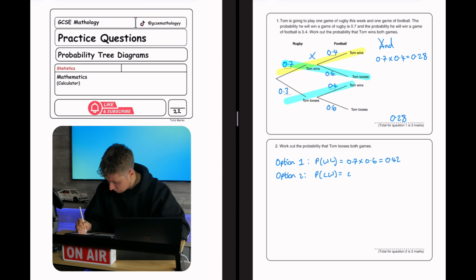So losing is 0.3 multiplied by winning is 0.4, and this is equal to 0.12. Now when we've got multiple options, we then add the probabilities together to get the resultant probability. So we're going to add these two probabilities together. So 2 plus 2 is 4, 4 plus 1 is 5. So our final answer is 0.54.